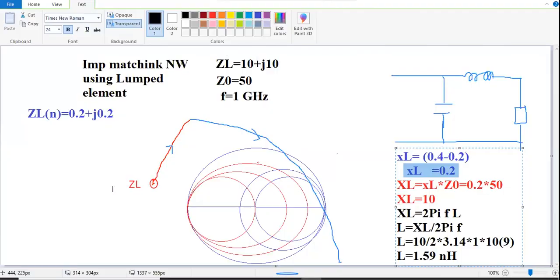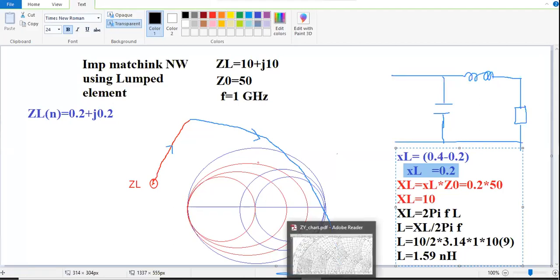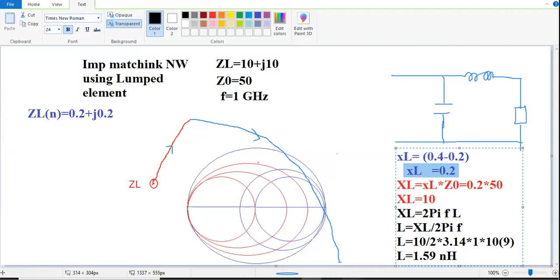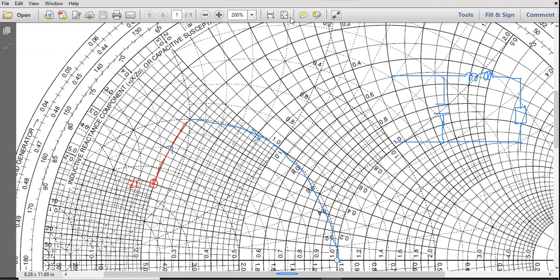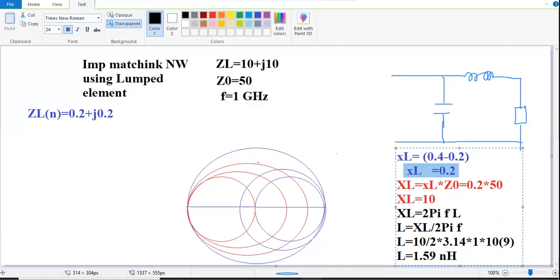So I'll just remove this so that I can do it. So this is what the part we did. Okay. Okay, now we will go here.